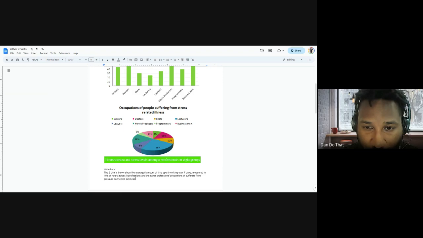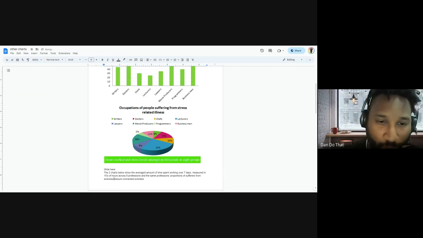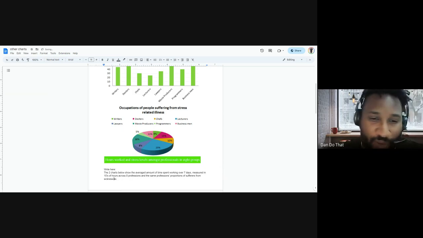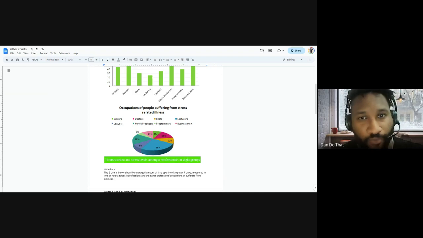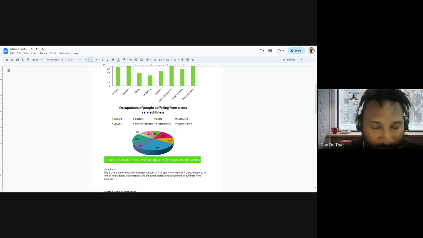So, because people suffer from something, they suffer from sicknesses. Sicknesses connected to their work pressure. I just changed the order because I can. It feels better for me. If it feels better for you to change the order of words, right? Maybe you have heard something in a movie, or it just feels better in your mind, do it.